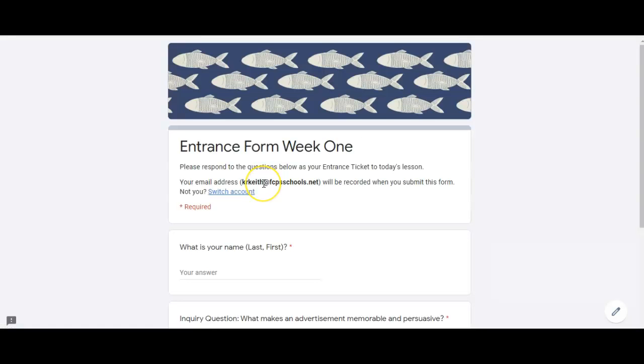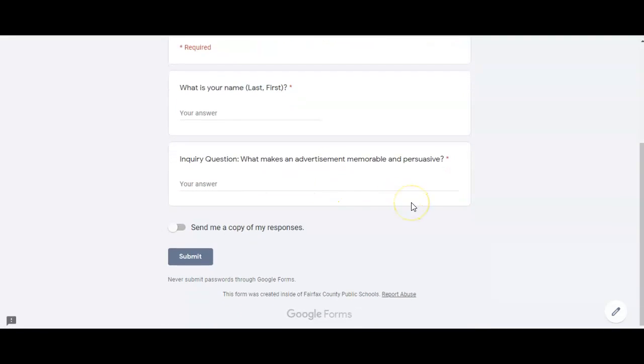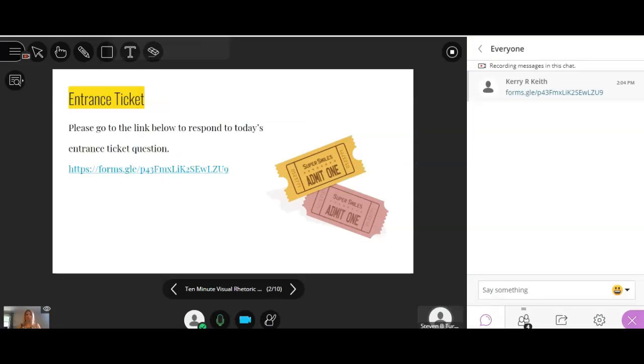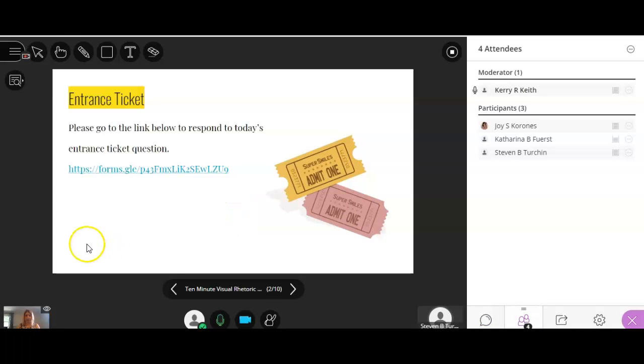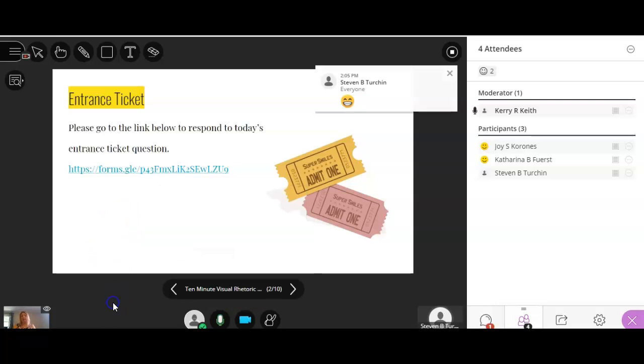Once you're done, give me a happy face in your indicator. Awesome. Now that everybody is finished, let's talk just briefly.